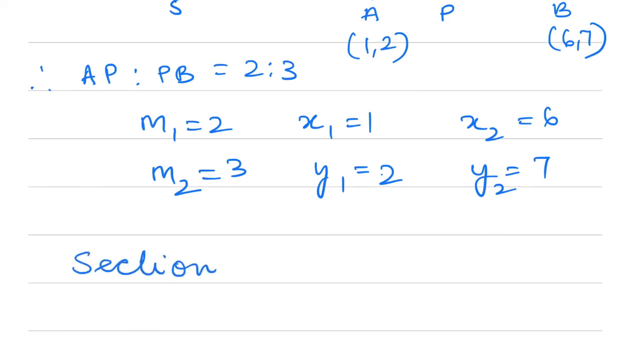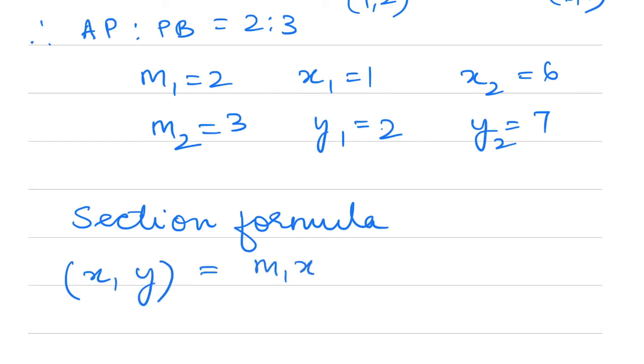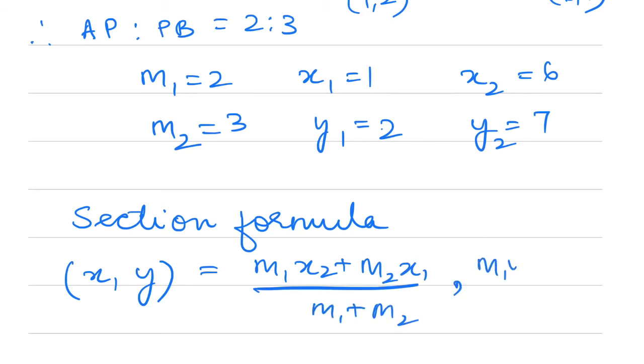Section formula will give us the coordinates of P. x, y is equal to (m1 x2 plus m2 x1) by (m1 plus m2), and for y we have (m1 y2 plus m2 y1) divided by (m1 plus m2).